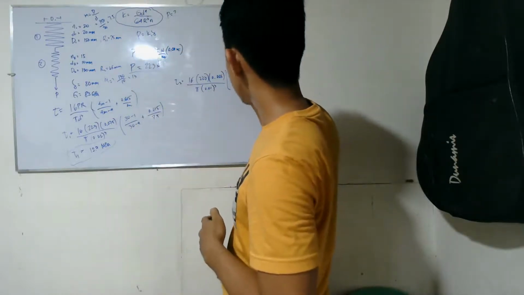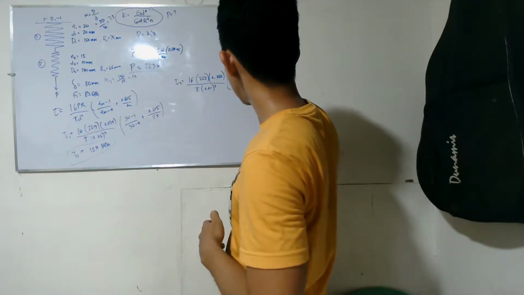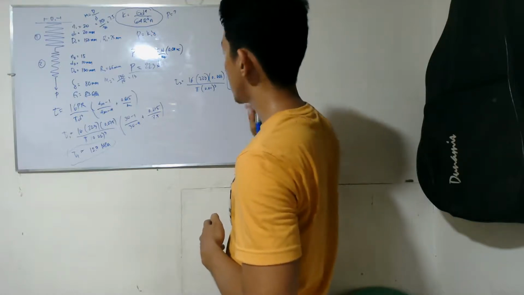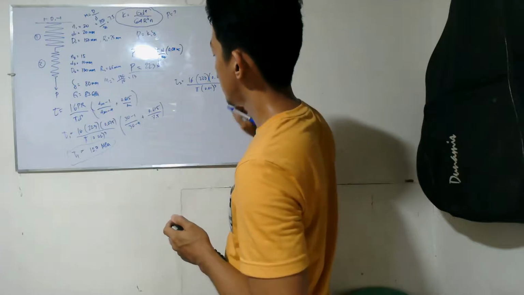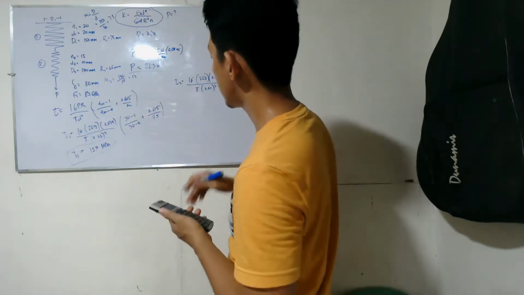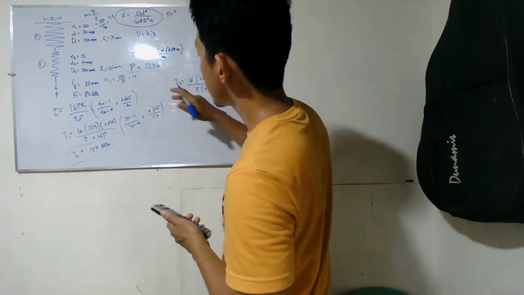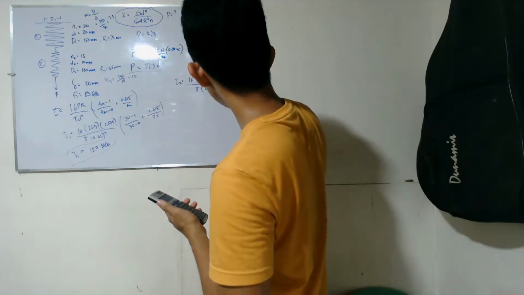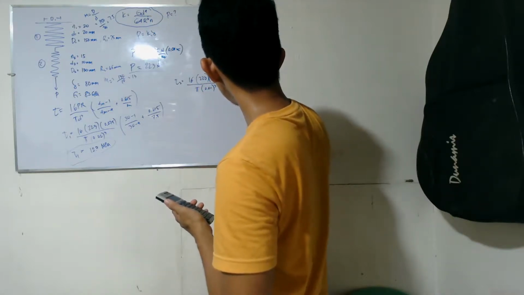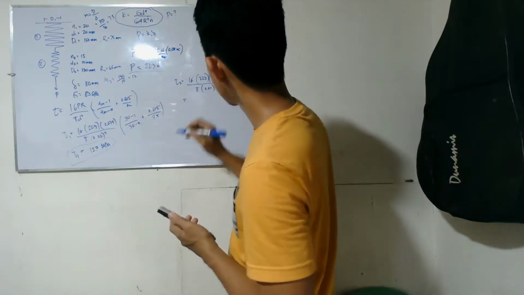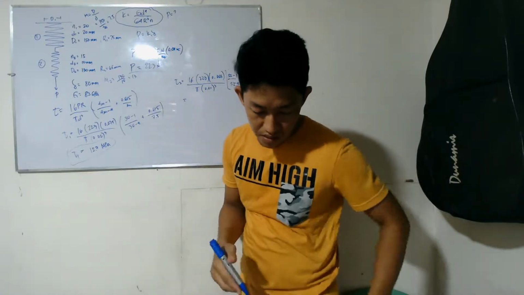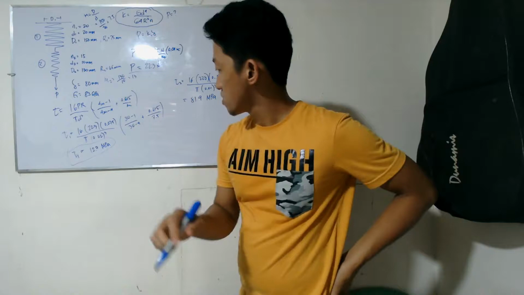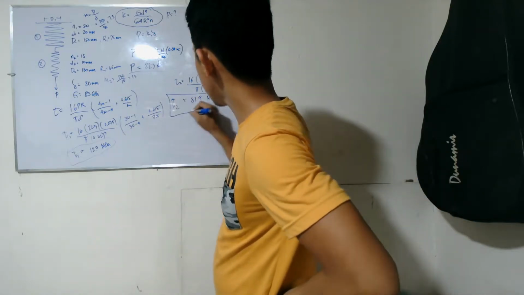So 4 times 13 is 52, giving 52 minus 1 over 52 minus 4, plus 0.615 over 13. So the answer would be 81.9 MPa. These are the stresses.